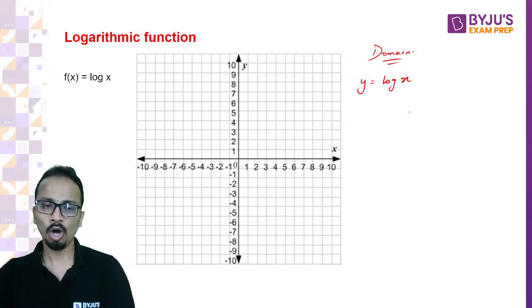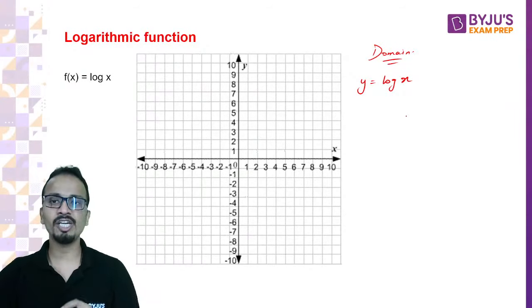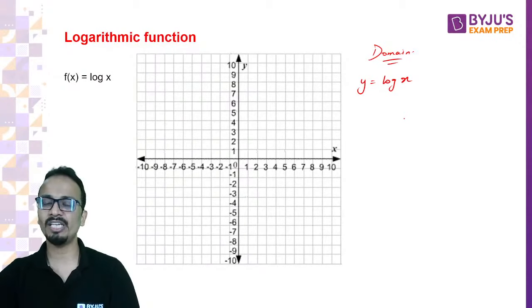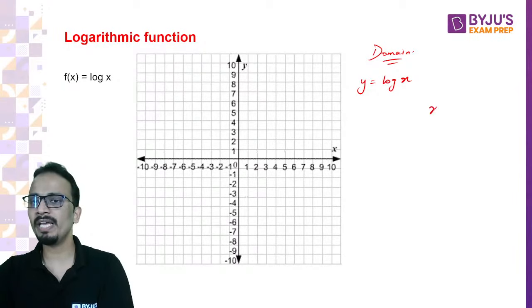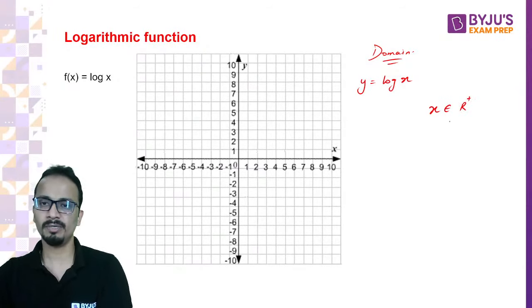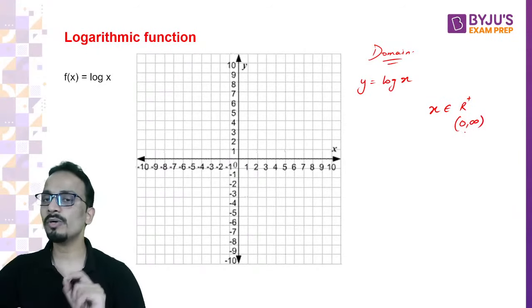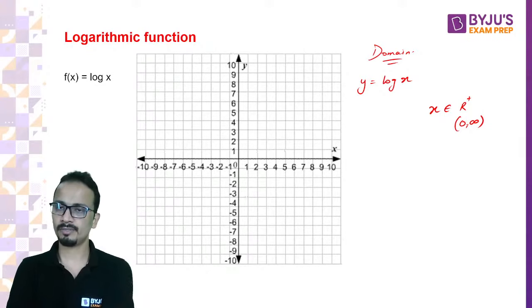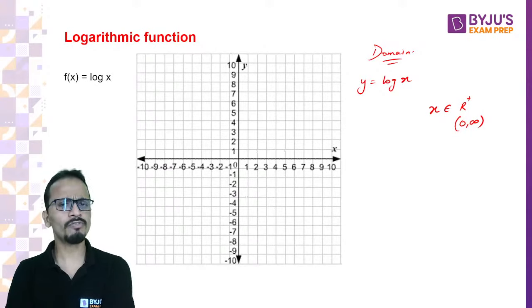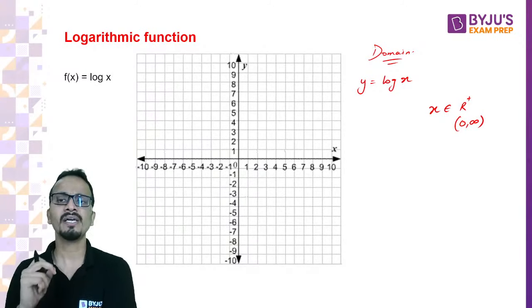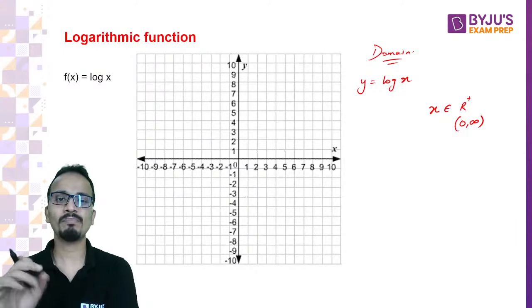So I can say that the domain in this case will be all positive real numbers, or you can write it like 0 to infinity. 0 is not included, right? So log function is defined only when x is a positive number.